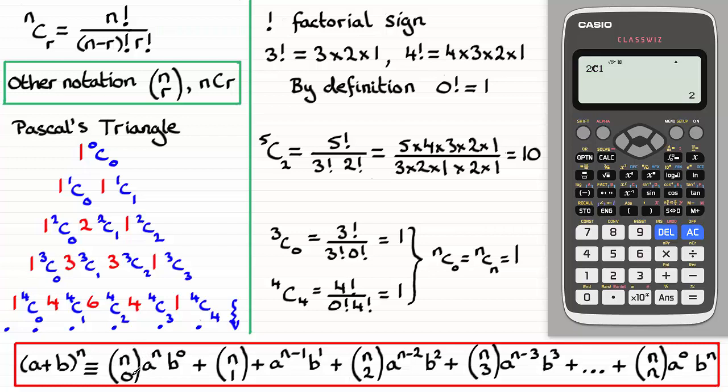And notice, by the way, how I've changed the notation just to save some space here. But it's up to you. You could use obviously this nCr notation, but here we have nC0, nC1, nC2, nC3, all the way up to our last term, which would be nCn.